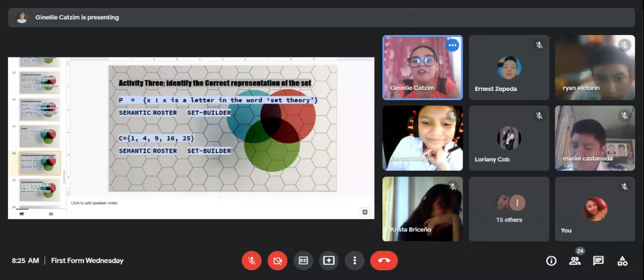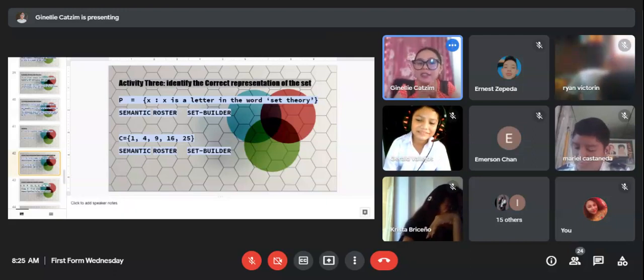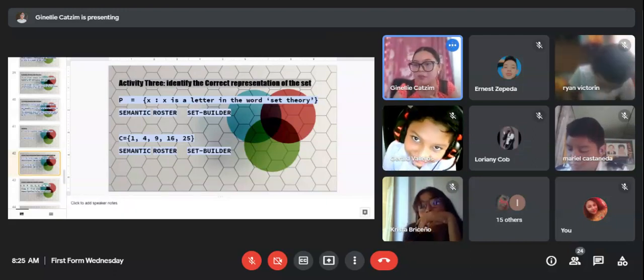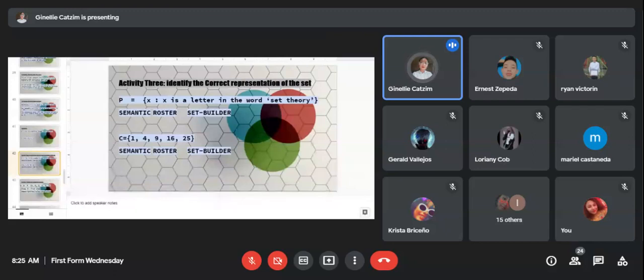Why? Remember the key features. It has an X, it has a colon, it has an X followed by the description. Please take note of that.